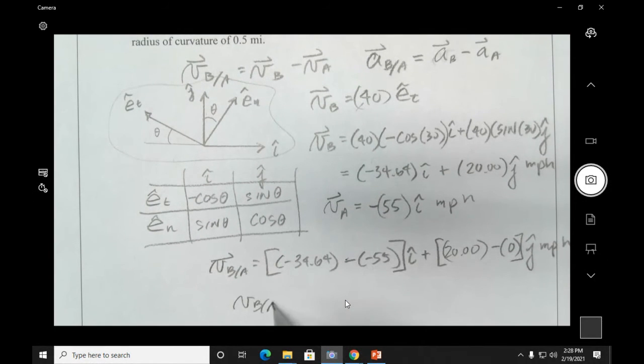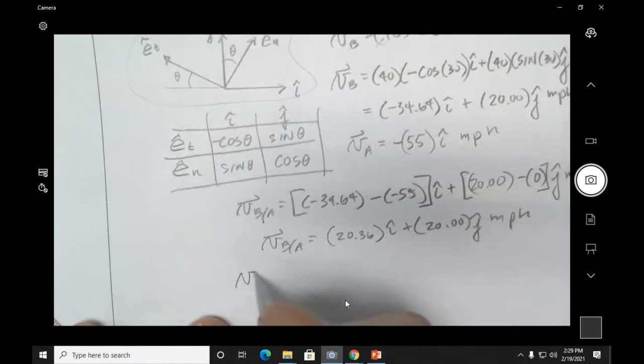So what we're left with, did I do that right? Yep, ends up being 20.36 I plus 20 J miles per hour.